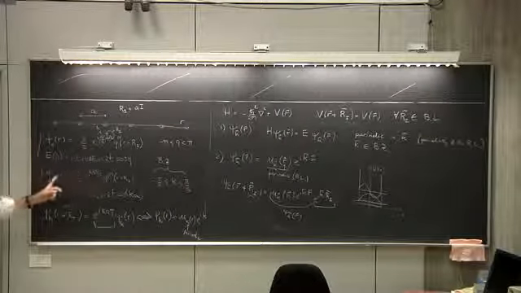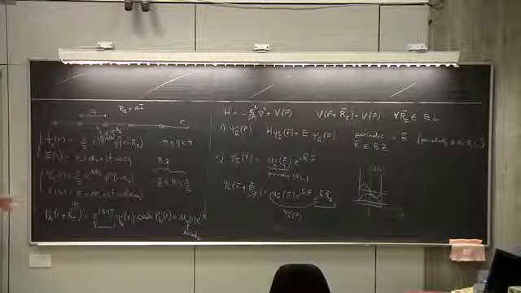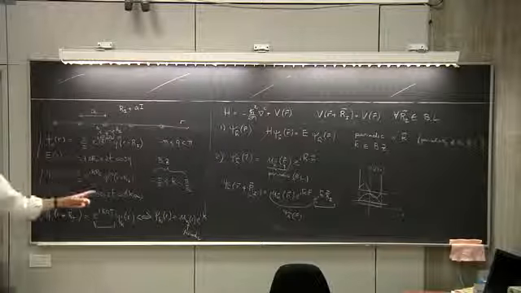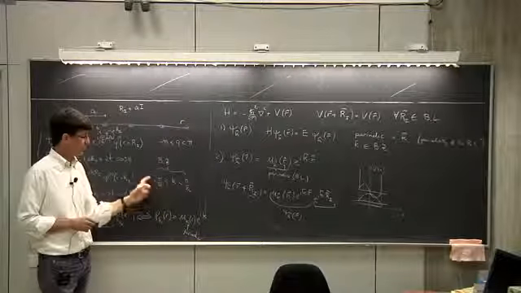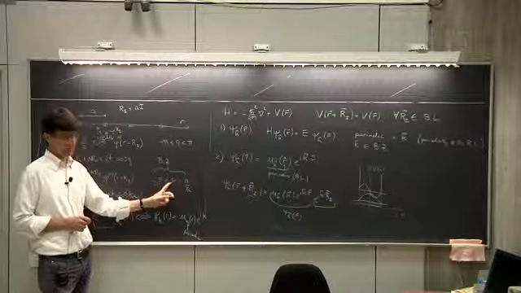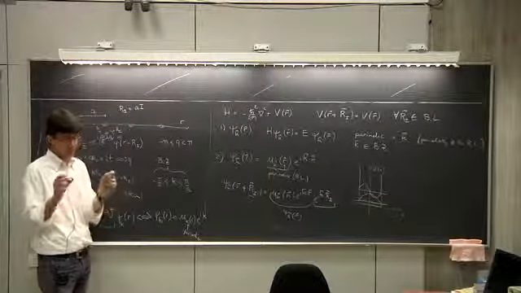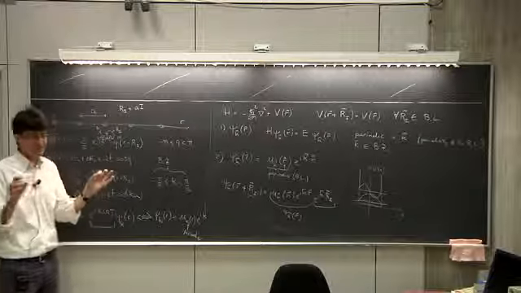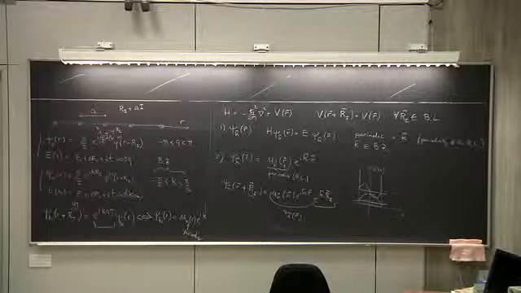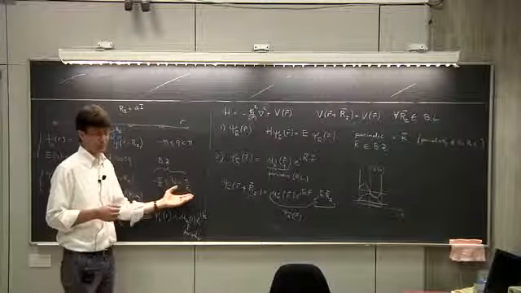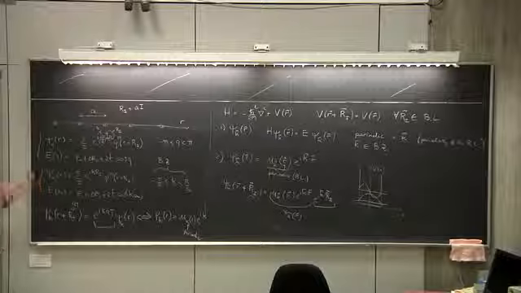The only difference is that the only allowed values of k are a discrete set of them, according to the discussion we had before. So this is not a continuum of possible values of k between minus pi over a and pi over a, but it's a discrete set, which becomes finer and finer the larger n is. In the limit of infinite n, it becomes a continuum of points. That's the only difference.